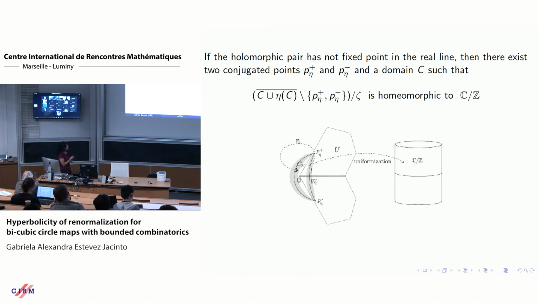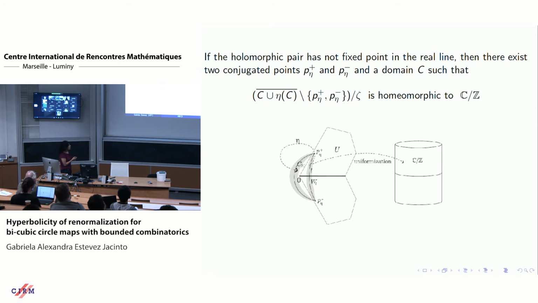The idea is to consider this domain without these points and the action of the pair on that domain; except for these points, it is homeomorphic to a cylinder. This is how you come back to a map on the cylinder.